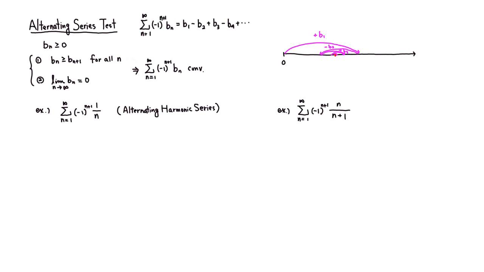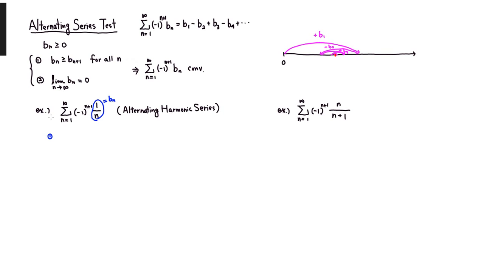So the first condition. bn is this guy right here. First we have to show that this is actually decreasing.